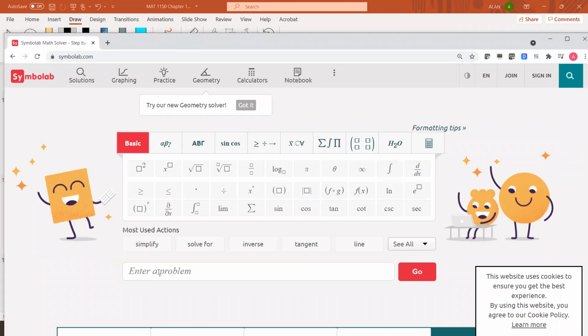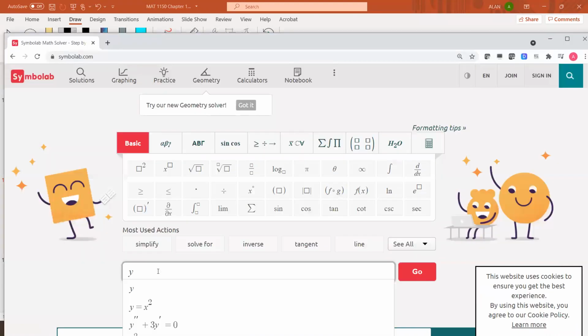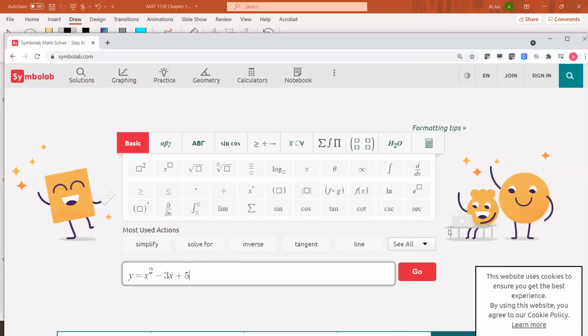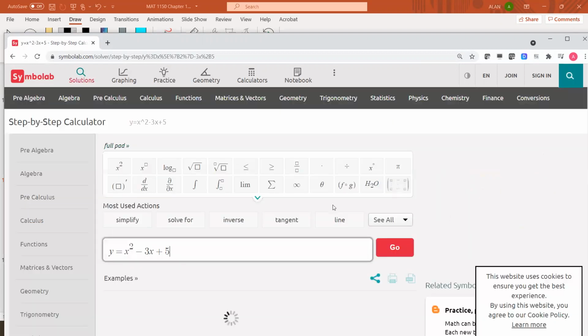So I'm going to tell it that I'm interested in the function y equals x squared minus 3x plus 5, and all I want to do is look at the graph.